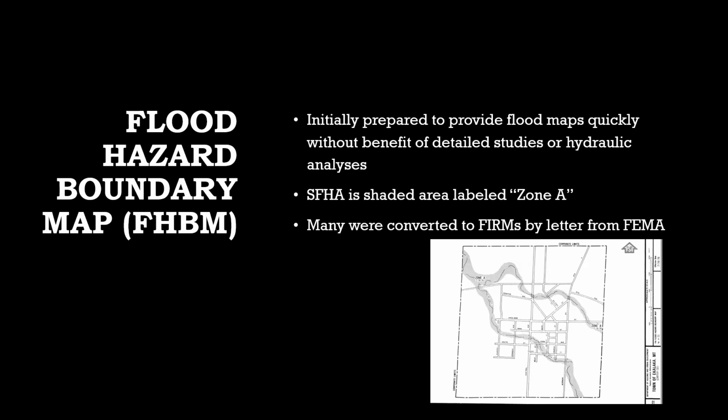Flood hazard boundary maps, super fun. A lot of Zone A going on, and mostly Zone A. These were initially prepared to provide flood maps quickly. There was a period of time when FEMA was just like, let's go. And so that's why we've got a lot of Zone A without benefit of detailed studies or hydraulic analysis, because FEMA just identified a need to identify flood risk fast.